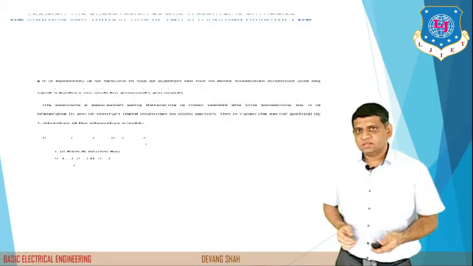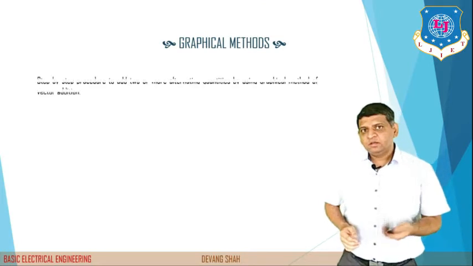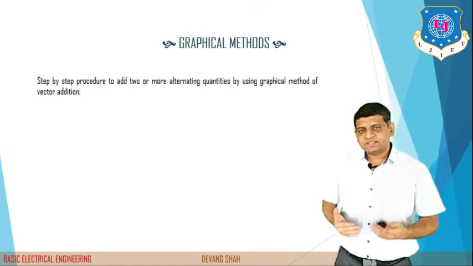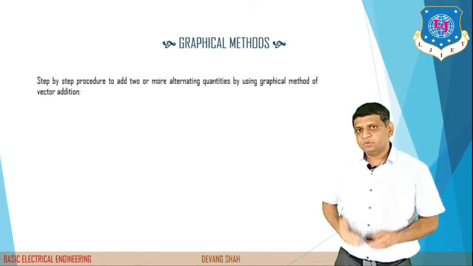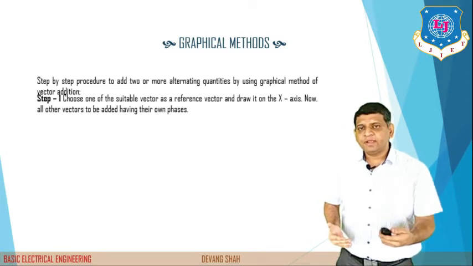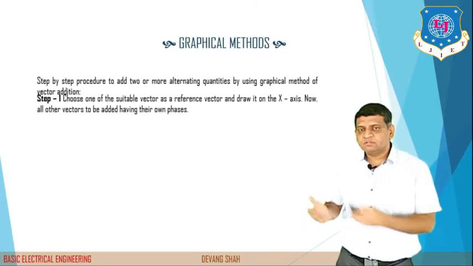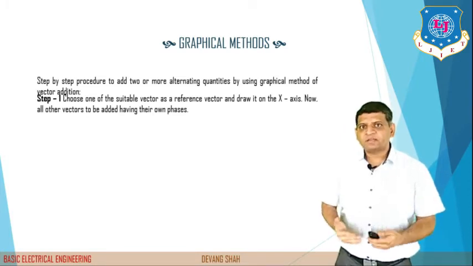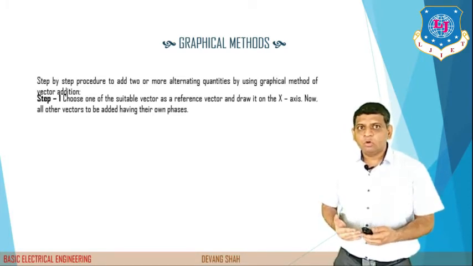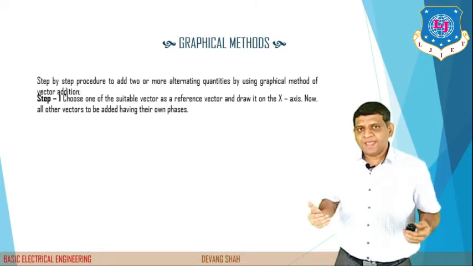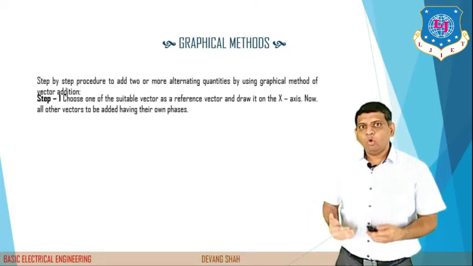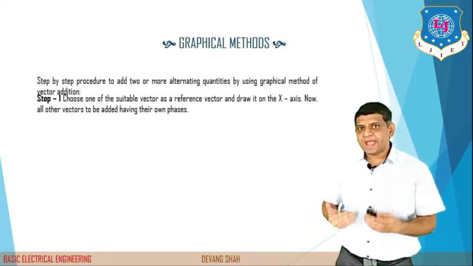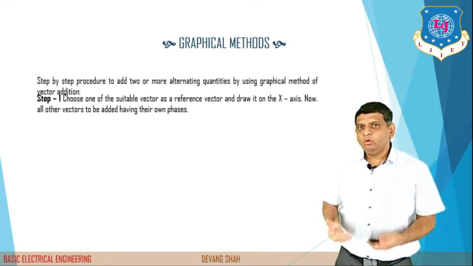Let's discuss this. In the graphical method, you can see the steps here. First we have to define a reference vector, as we have just discussed. Choose one suitable vector as a reference and draw it on the x-axis. Now all other vectors are added with their own phases.